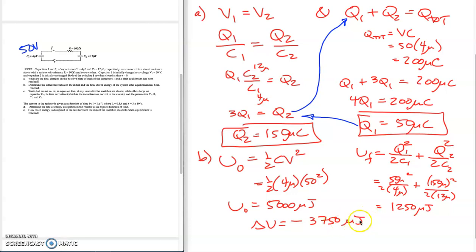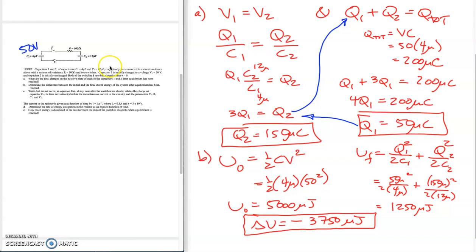Now, you can multiply this by 10 to the minus 6. You can move it over and do 3.75 millijoules, just so long as whatever you get works out to be the same after you account for all of the differences in the powers of 10.